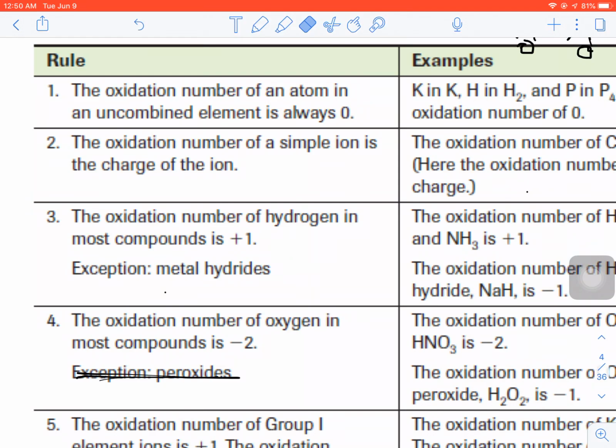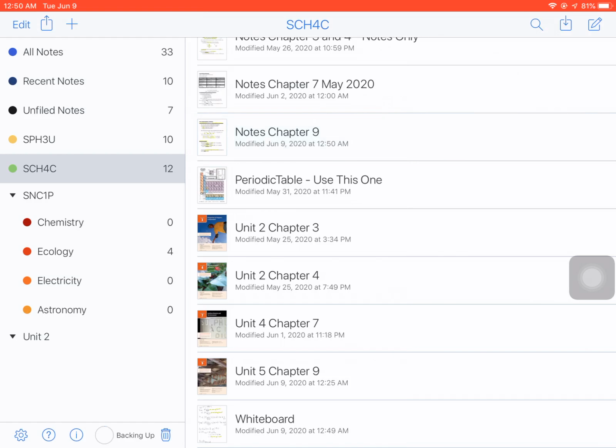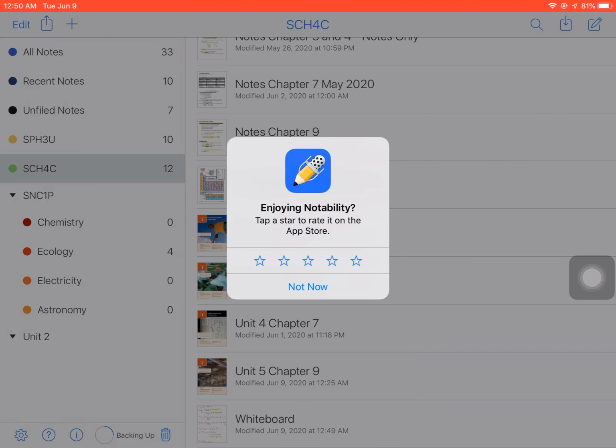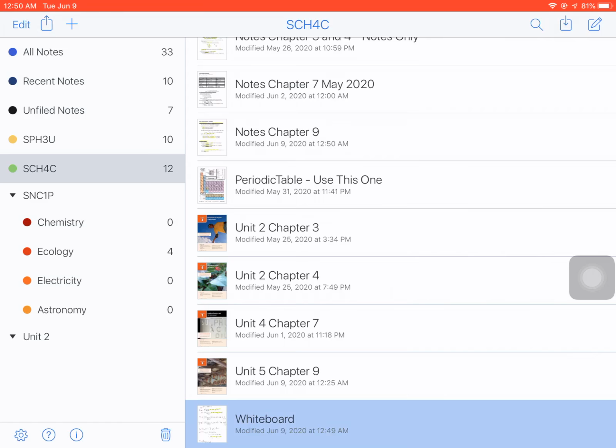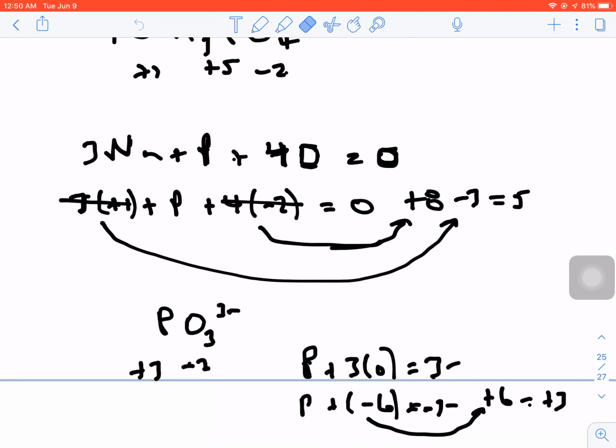So, let me think of an example here. Let's go to my whiteboard. If I look at HClO3, right?